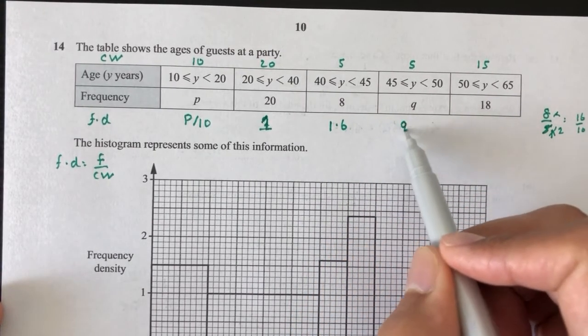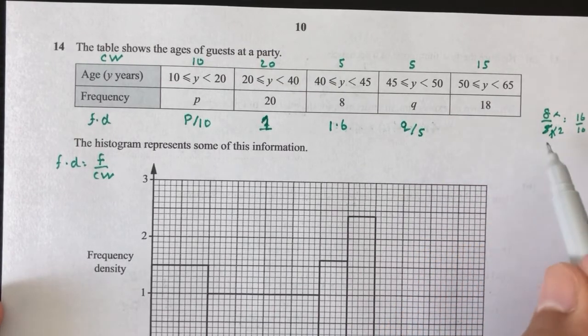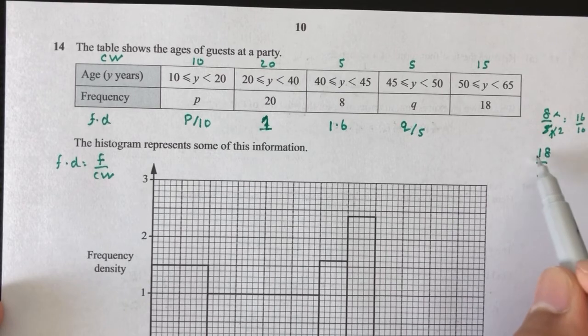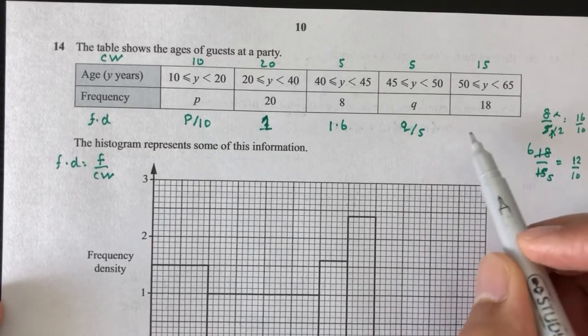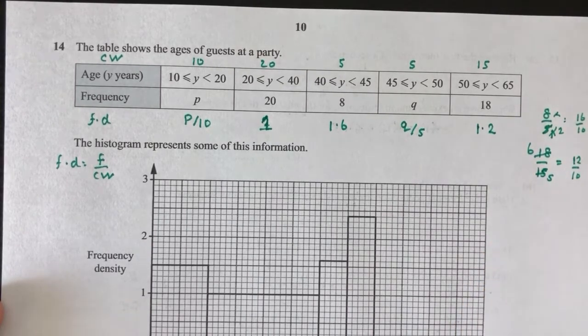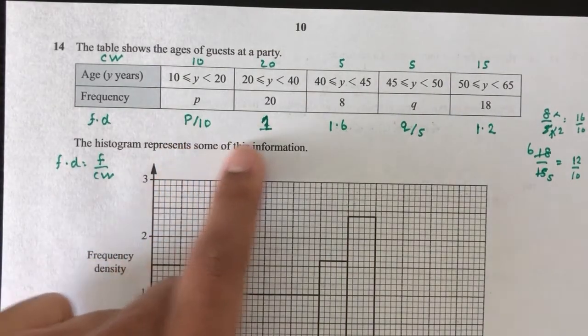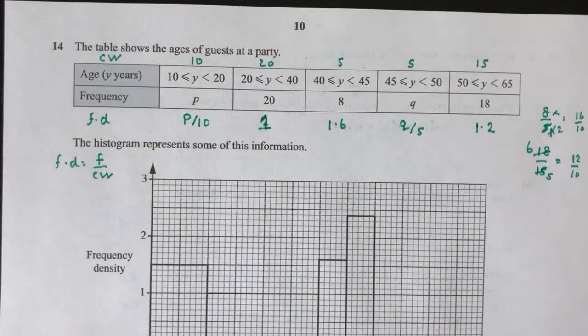Here we will have Q divided by 5, and the last one is 18 divided by 15. First we can divide by 3, we will have 6 over 5, that will be 12 over 10, which is 1.2. So these are the frequency densities of this information.